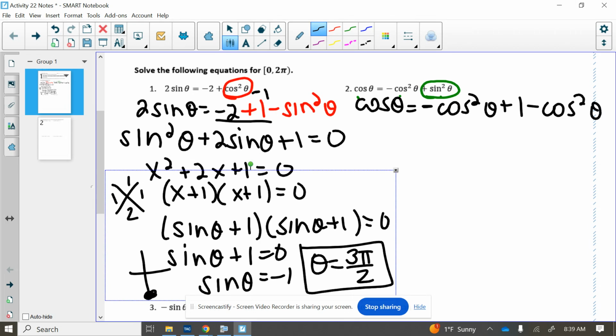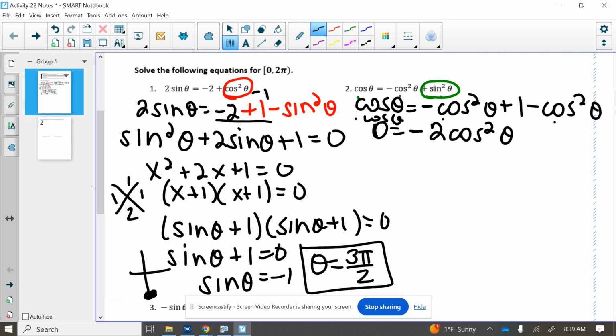And if we bring everything to one side and combine, we have negative cosine squared minus another cosine squared. So we have negative 2 cosine squared theta. Subtract over this cosine squared to both sides so that everything is on one side.